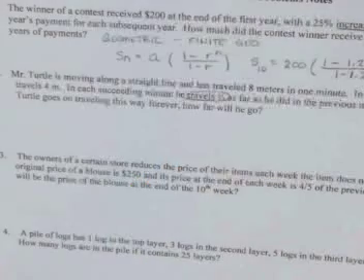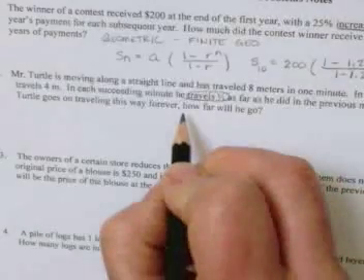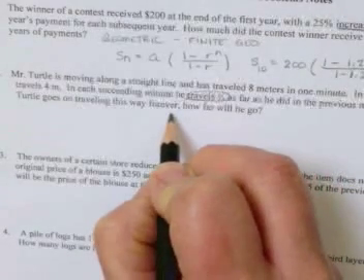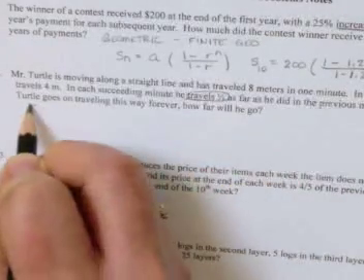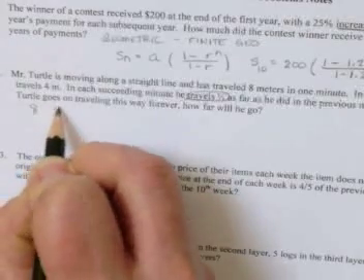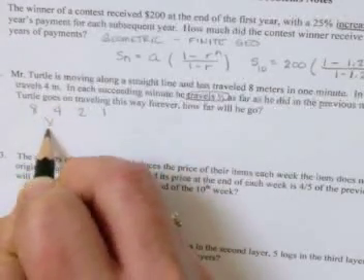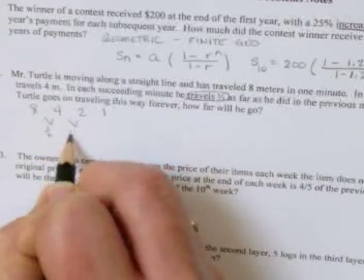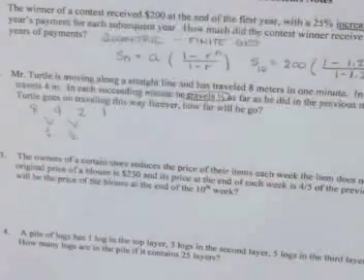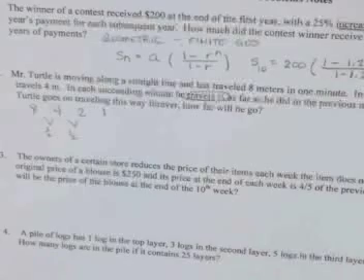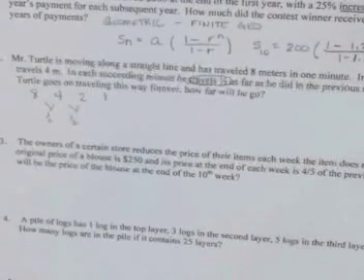Sometimes it helps to write out the terms. So, for example, I would say, well, Mr. Turtle travels 8 meters, and then 4 meters, and then 2, and then 1. Each time he's traveling 1/2 as far as he did before. So sometimes writing out those terms helps me see whether I've got a geometric or an arithmetic sequence.